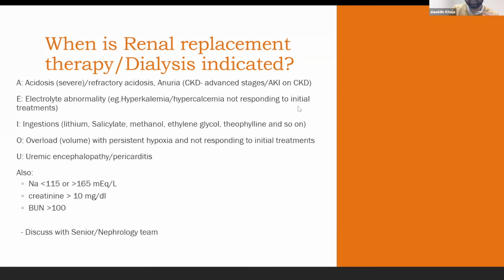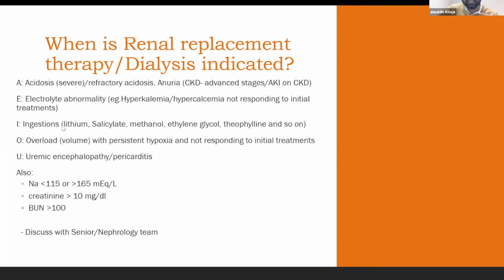If there is absolute anuria for, I think, more than 12 hours, then you're thinking about dialysis. So mainly acidosis and then anuria. These are the two things to keep in mind. E is any electrolyte abnormalities, especially if they are hyper and they are not responding to your initial treatments. Then you're thinking about dialysis.